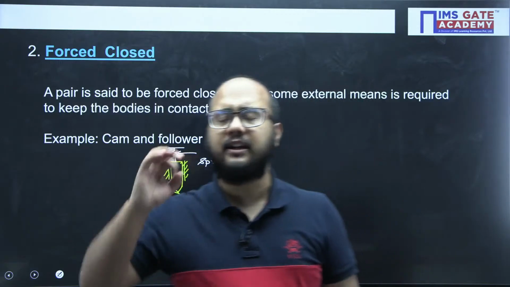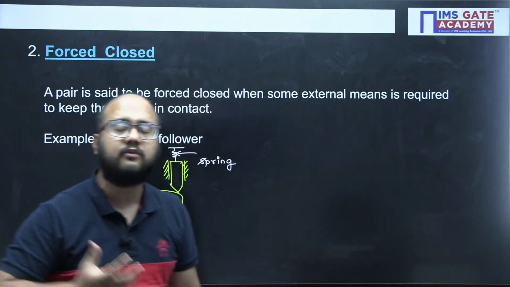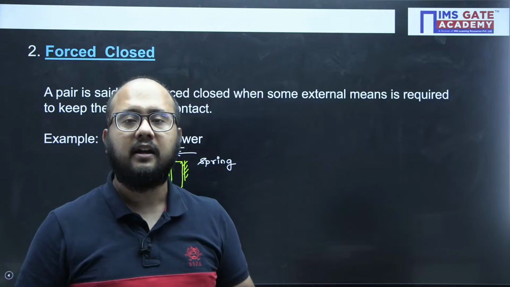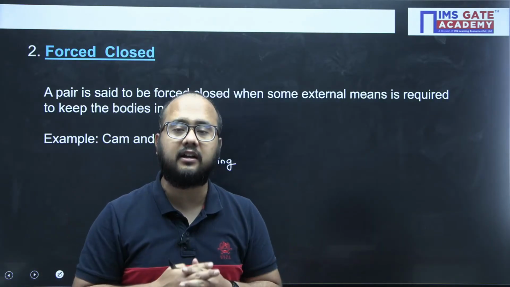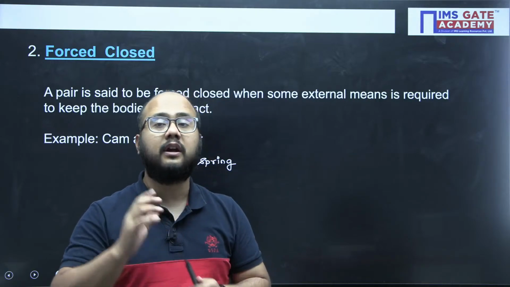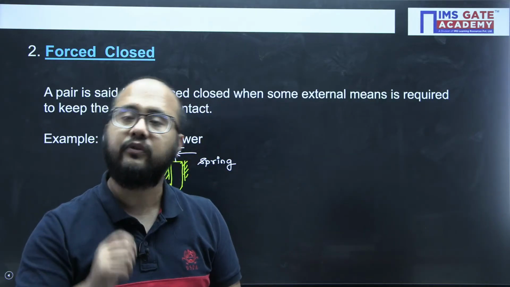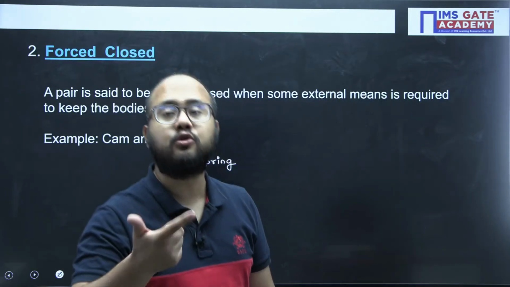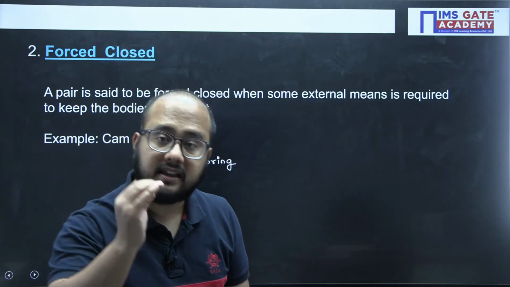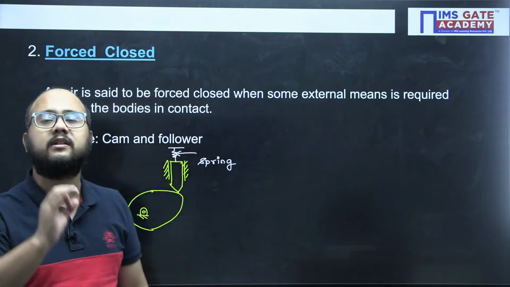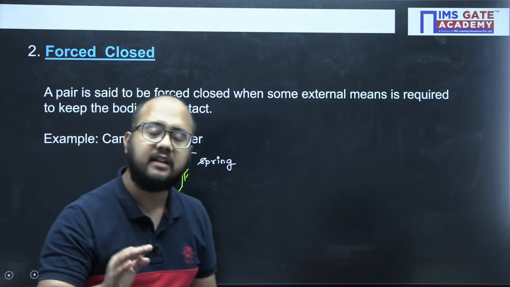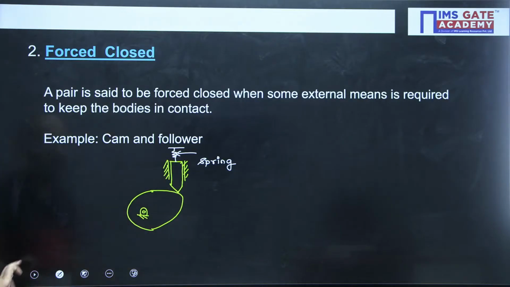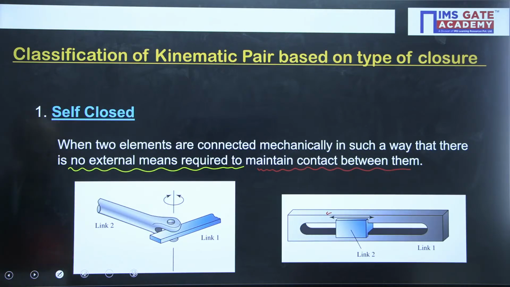Many people face difficulty understanding how a mechanism will work, how the links move with respect to each other, because they don't understand how the links are connected, and what kind of connection it is with respect to relative motion, nature of contact and closure. That's why basics are very important. So force closed is clear, self-closed is also clear, right, everyone?